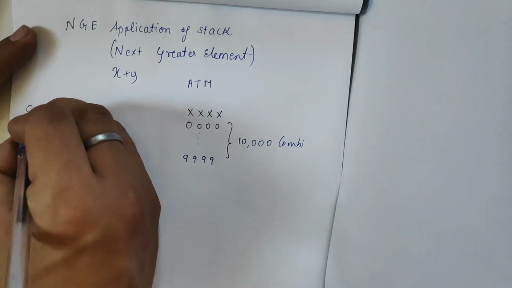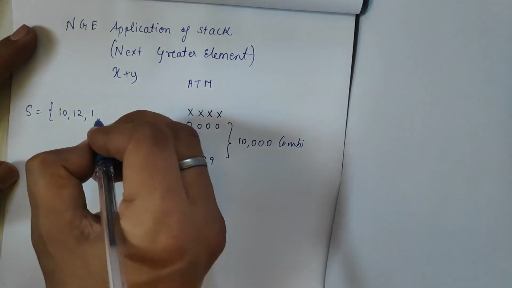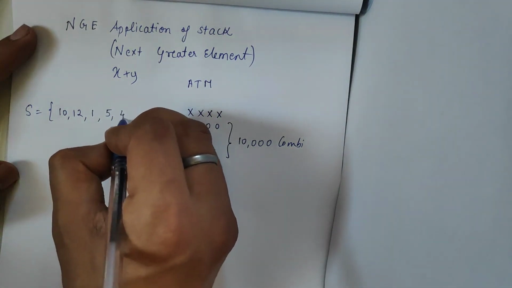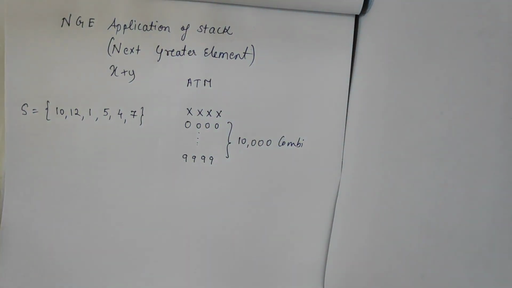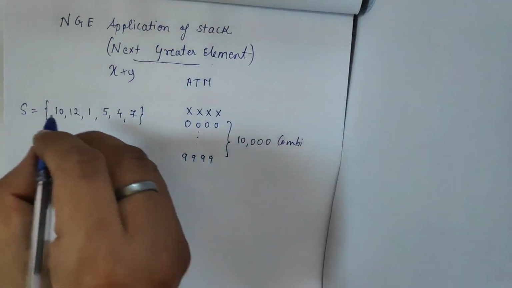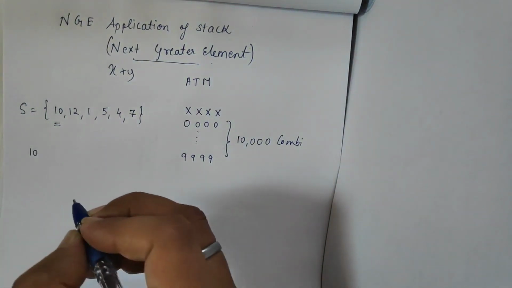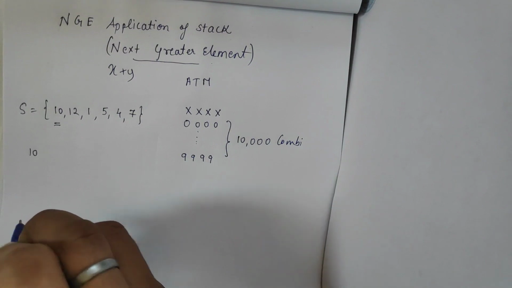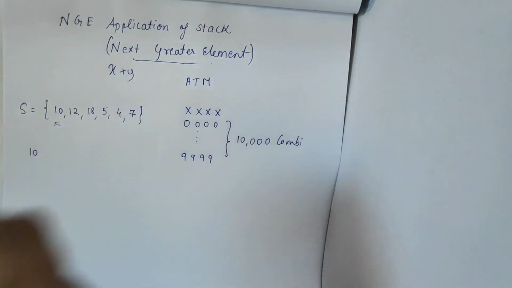For example, I have a set S of numbers: 10, 12, 1, 5, 4 and 7. In the application, which is next greater element, we have to take an element, let's say the first element is 10, and find the next greater element to it. Let us change one number and keep this as 18.